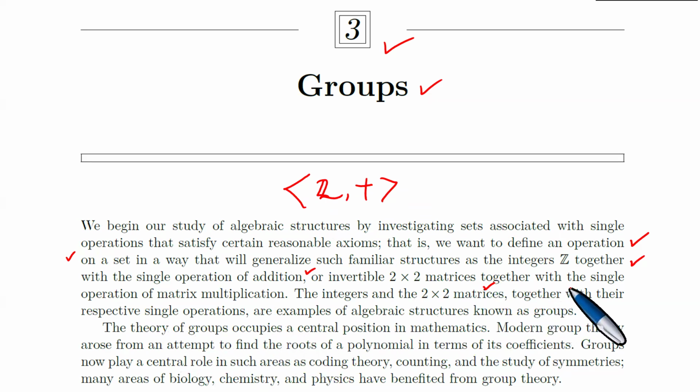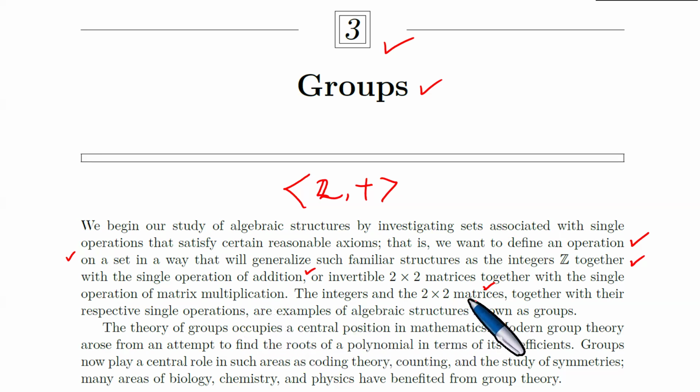So when you look at the 2x2 matrices, we look at matrix multiplication there. This becomes so important. We shall be looking at the groups that this book highlights, the groups that involve matrices and the operation of matrix multiplication.